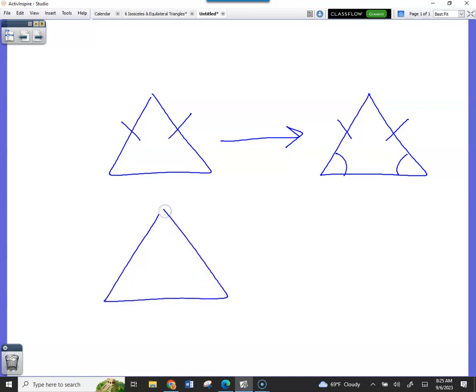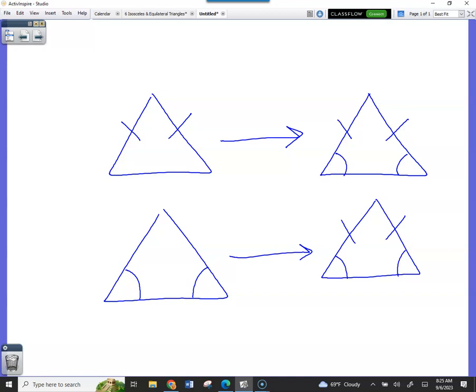Or, here's the converse. If I say, hey, here's a triangle and these two angles are equal, then you should be able to say, okay, well, if those angles are equal, that's the base, then those sides are equal. Notice the end result's the same. It's a matter of what did I give you to start with.